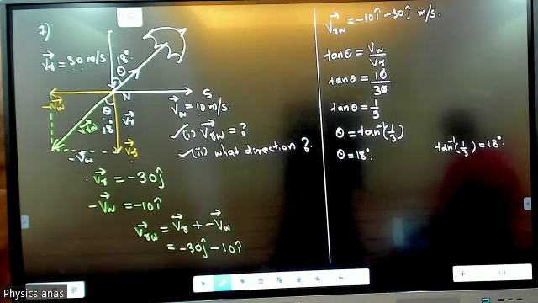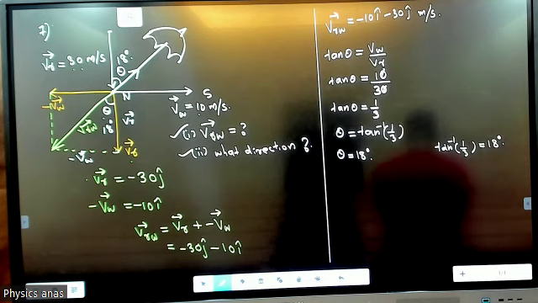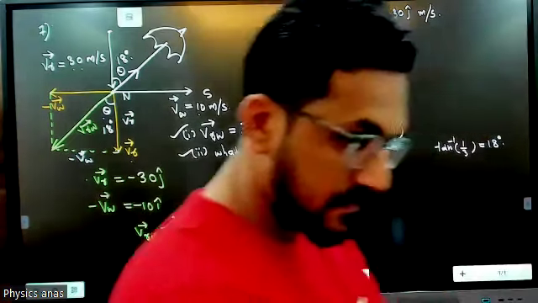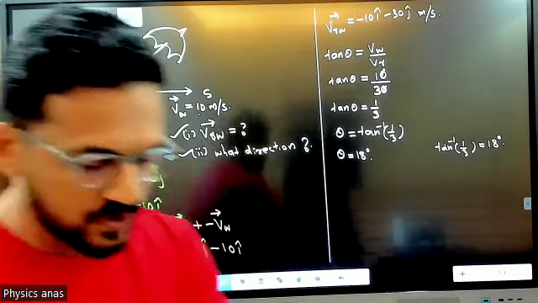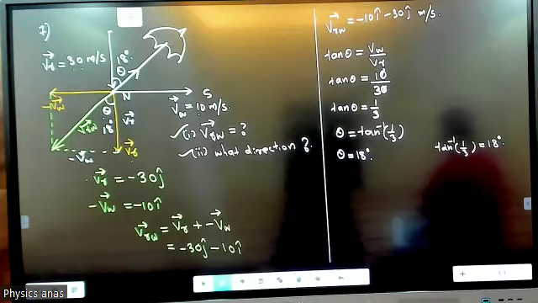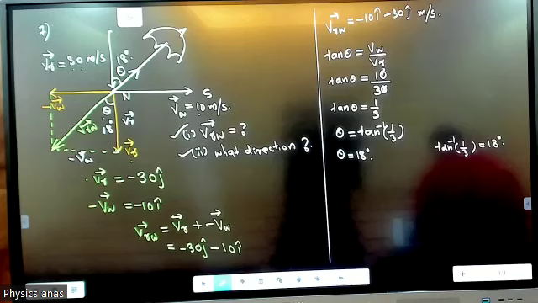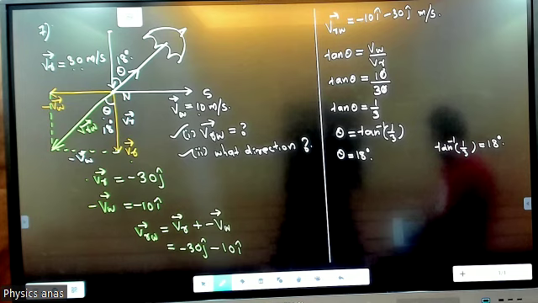Have you taken the note? I will explain this solution again. Let me know if you have completed it.